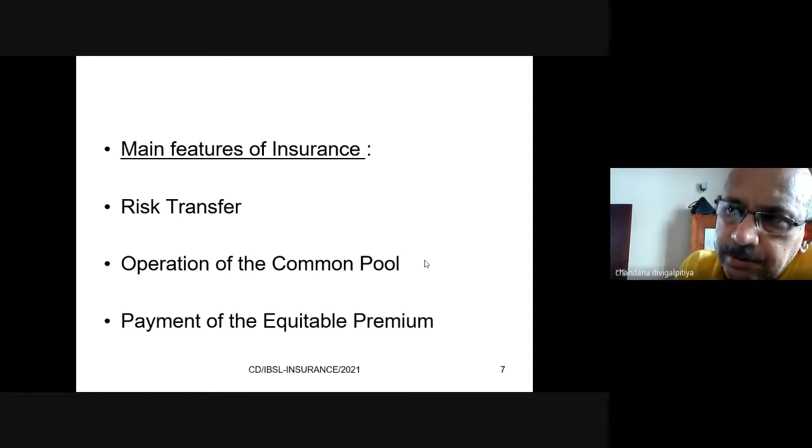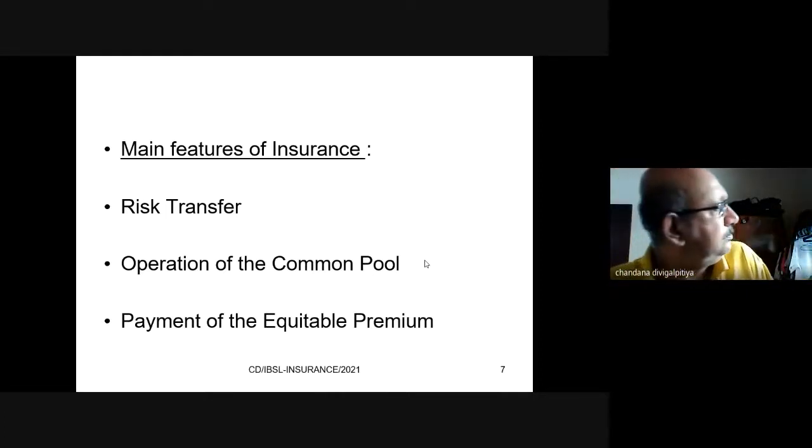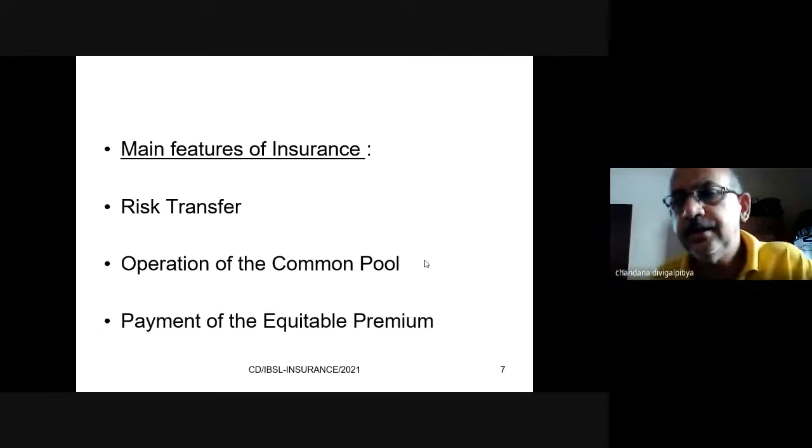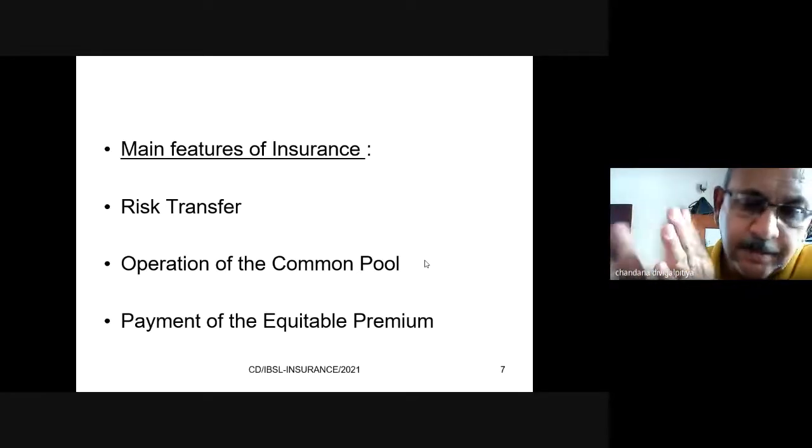Full stop. The advantage of having a common pool is the risk is spread over the entire members of the pool.